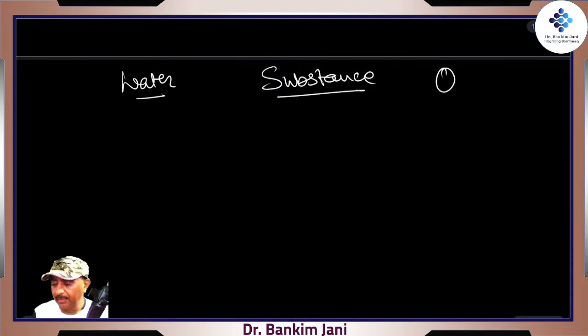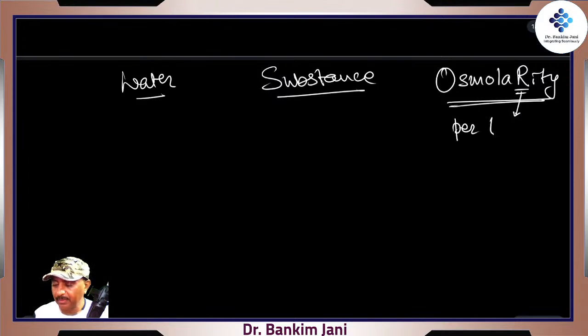And osmolarity, because there is something like osmolality also, right? So remember, when we say osmolarity, it is on the basis of per liter. Osmolarity is per liter. Easy to remember, right? Molality is per kilogram. Right now we won't confuse between it. This is per liter.